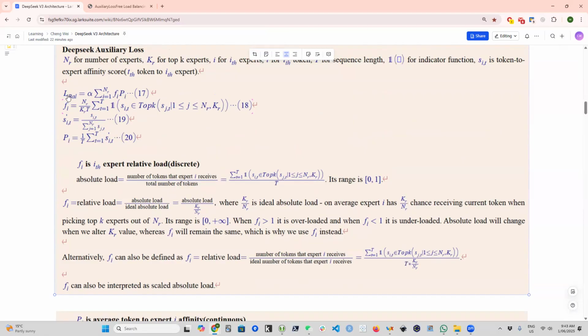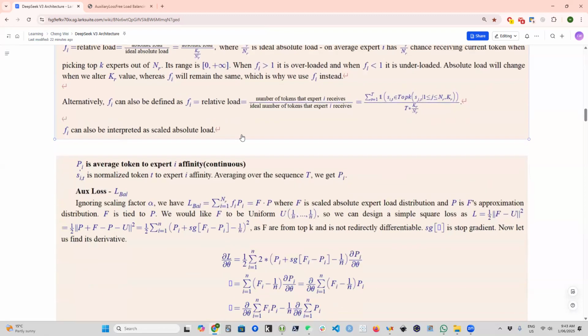So we're coming to the loss function. In the loss function, we can ignore this part. This part is just a weight, right? The main part is here. So we ignore the scaling factor. We have the balance. It's a dot product between F and P, right?